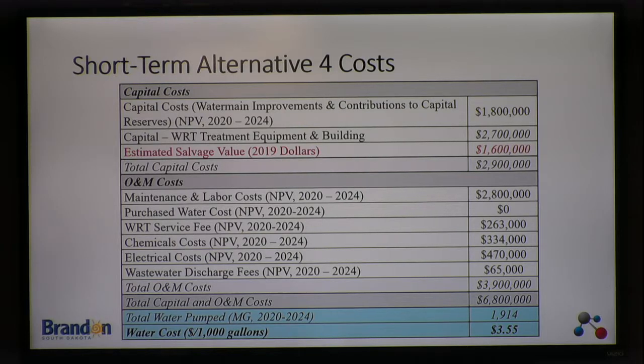Is that factored into the 3.55? Yes. Yes. So if we look down here, we see a purchased water cost. This is for the line item for Minnehaha community. And then there's this WRT service fee. This was not for treating all water from well number 7. This was only to treat the water from well number 7 that would be used to supplement the existing sources to get up to 2,000 gallons a minute.